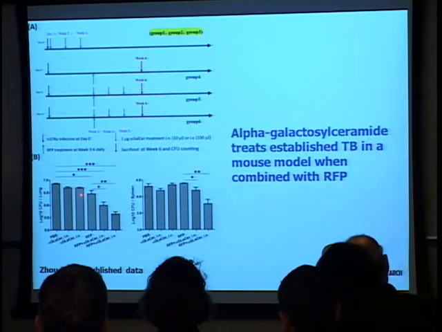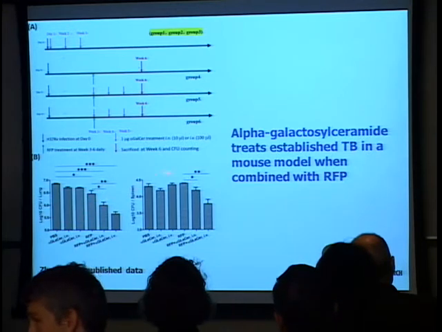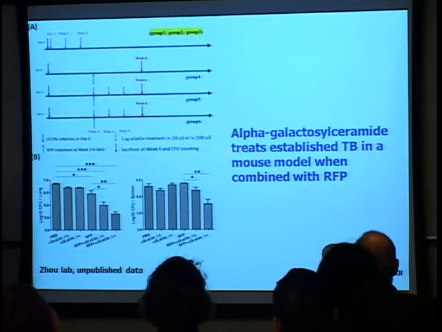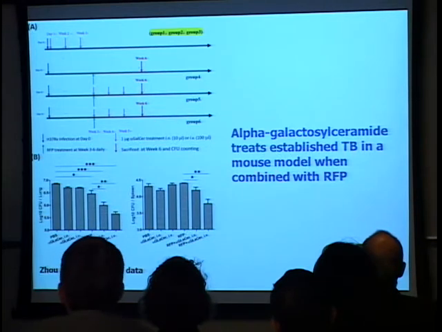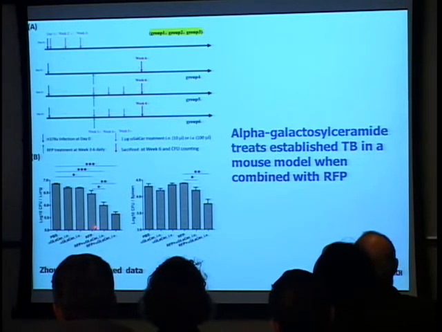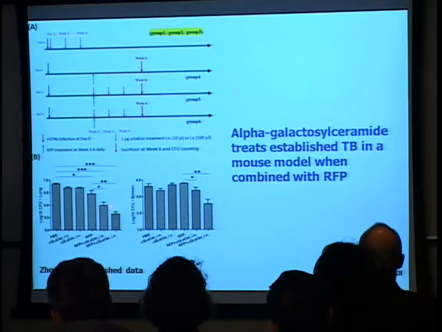Our lab also generated new data recently. We found that alpha-gal, this agonist for NKT cells, can treat established TB in a mouse model. This has to be combined with the INH. We have tested both the intravenous route and the intranasal route.